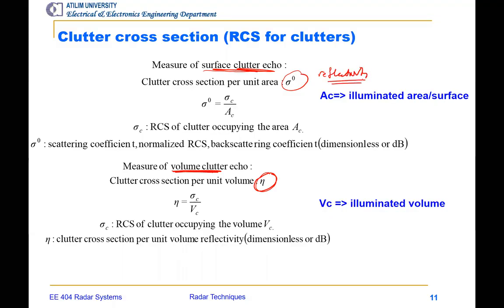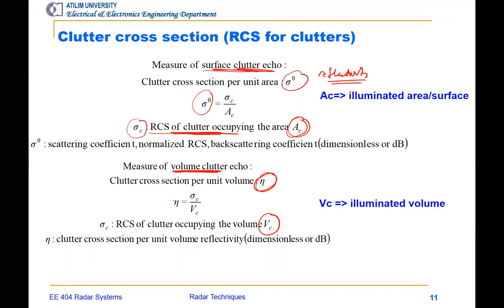It tells how much reflection we get from the undesired object. Usually we use the RCS of the object in a specific area, denoted by Ac, or Vc as a volume, and divide this RCS by Ac to determine the clutter cross-section per unit area.